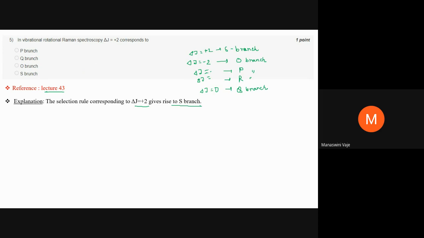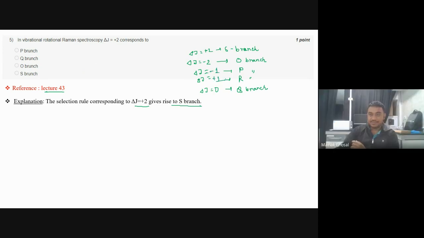This will be minus 1. P is minus 1. R will be plus 1. Okay. So in vibrational Raman spectroscopy, these 5 branches are present. Is these 5 branches you can see?